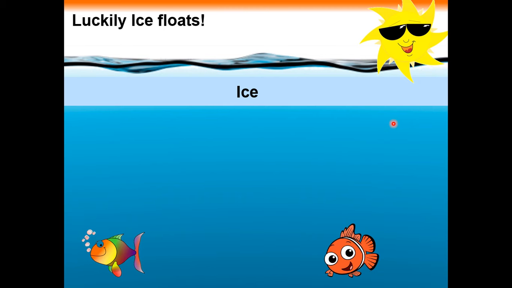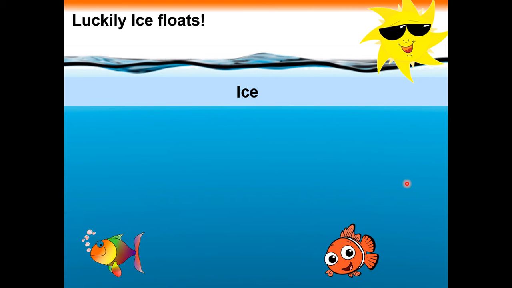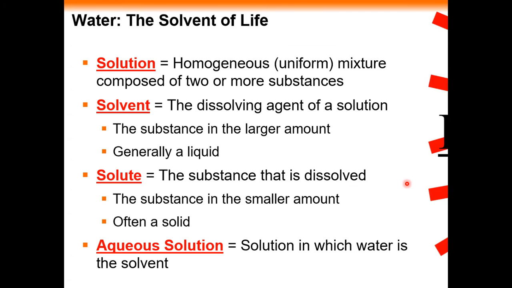And then we said ice floats. So solid water is less dense than liquid water, so it actually floats. That's weird. Most solids are actually more dense and would sink in that same element's liquid.